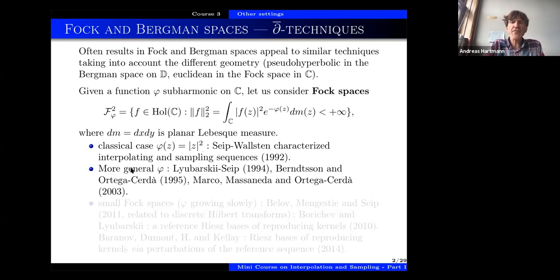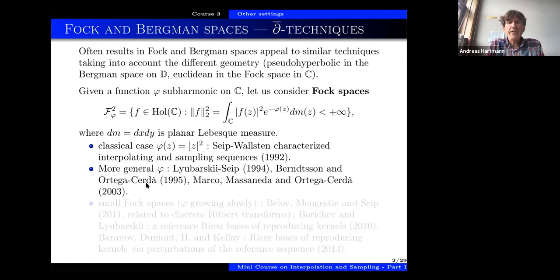In particular, I mention this paper because I want to give you the proof which was given in this paper by Berndtsson and Ortega-Cerdà in the easy situation when phi z is z squared, because then the computations are quite clear, transparent. But in fact, they generalize to the more general situation.